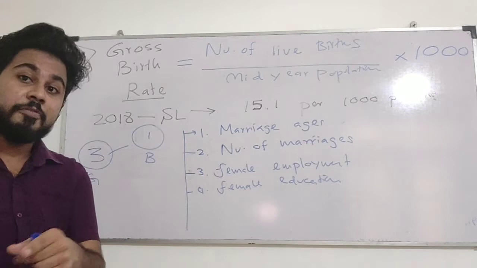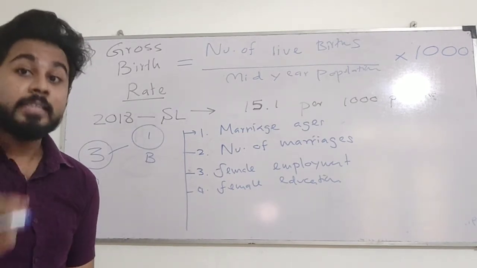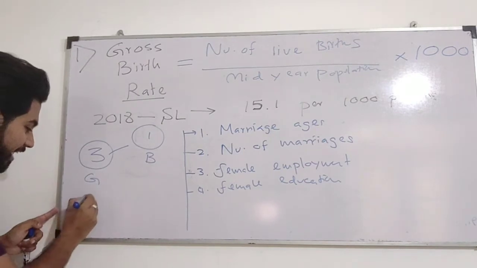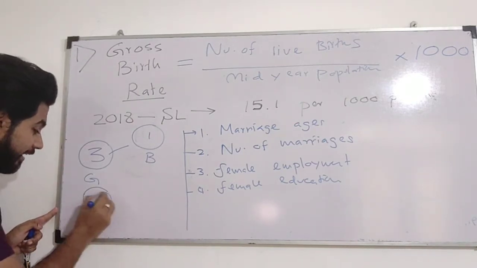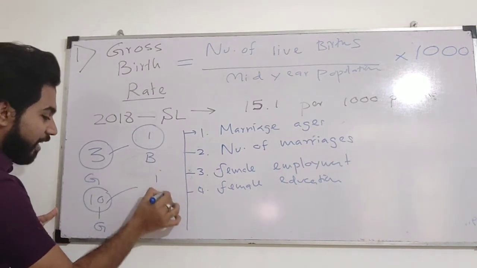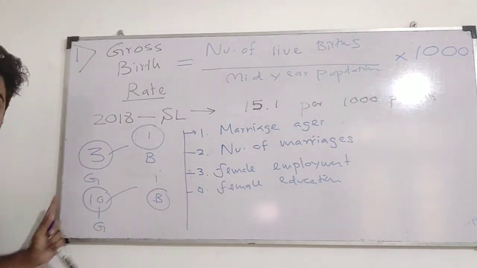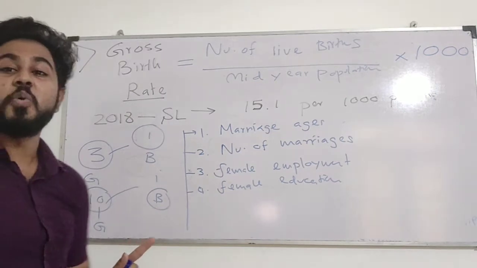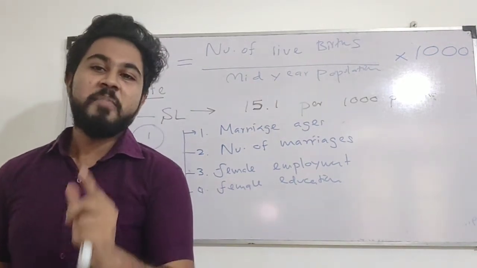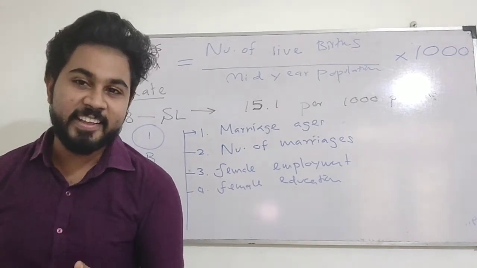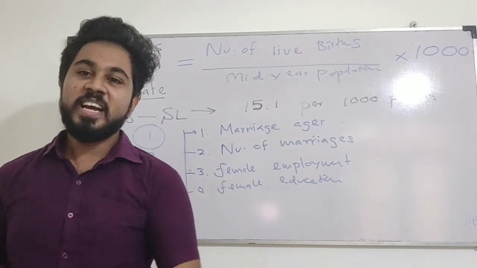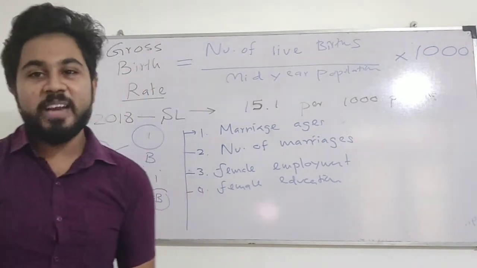And in the Faculty of Humanities and Social Sciences in this university, the ratio between girls and boys is something like that: for every 10 girls, there's one boy. See the ratio? This shows that in the education sector, female participation is higher than male participation. So under this kind of situation, what will happen?